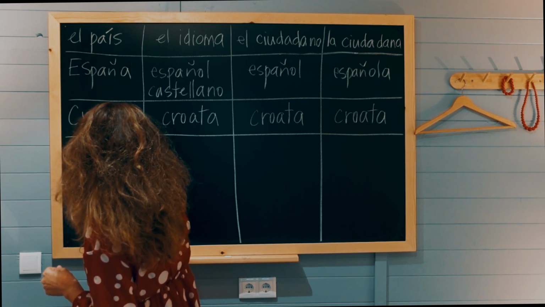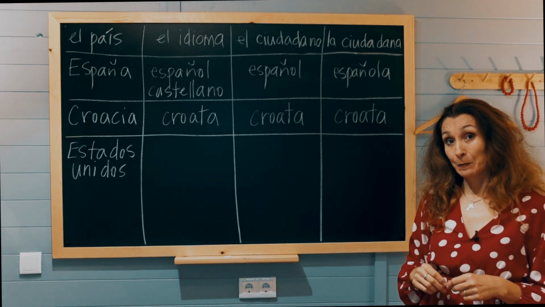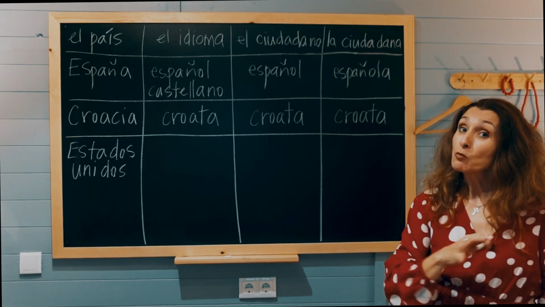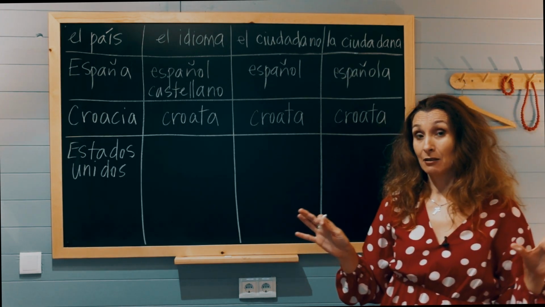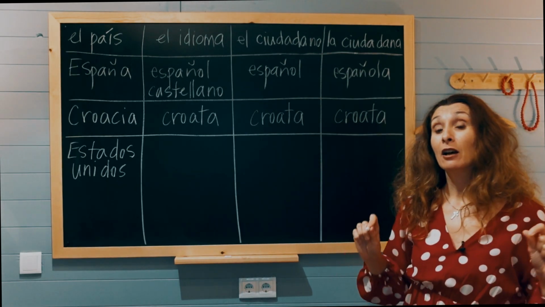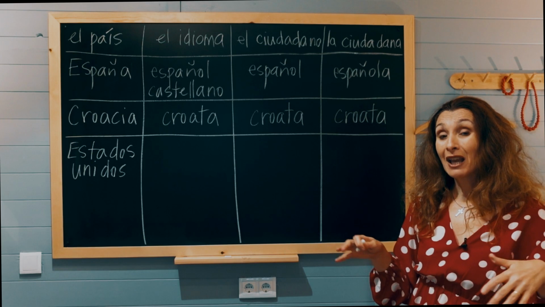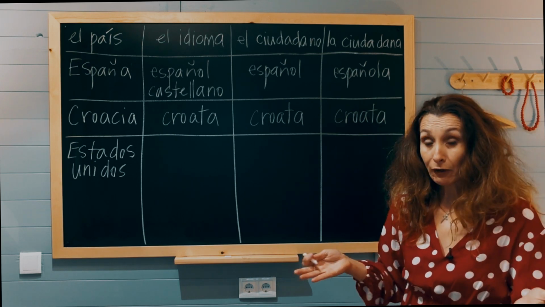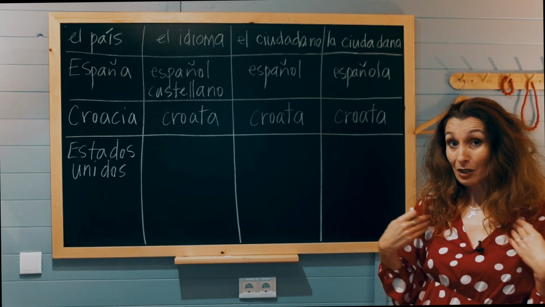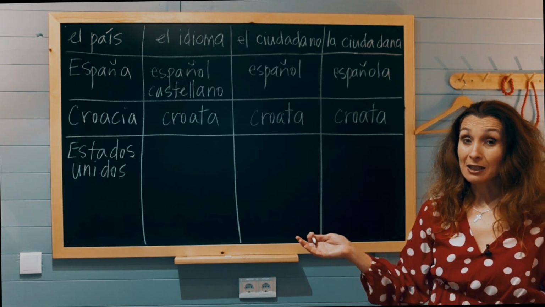Estados Unidos, United States, okay? So un americano is someone from the continent of America, not necessarily someone from the United States of America. So in Spanish, be careful not to say, if you are from the United States, don't say soy americano. Soy americano for the Spanish would mean I'm from the American continent.